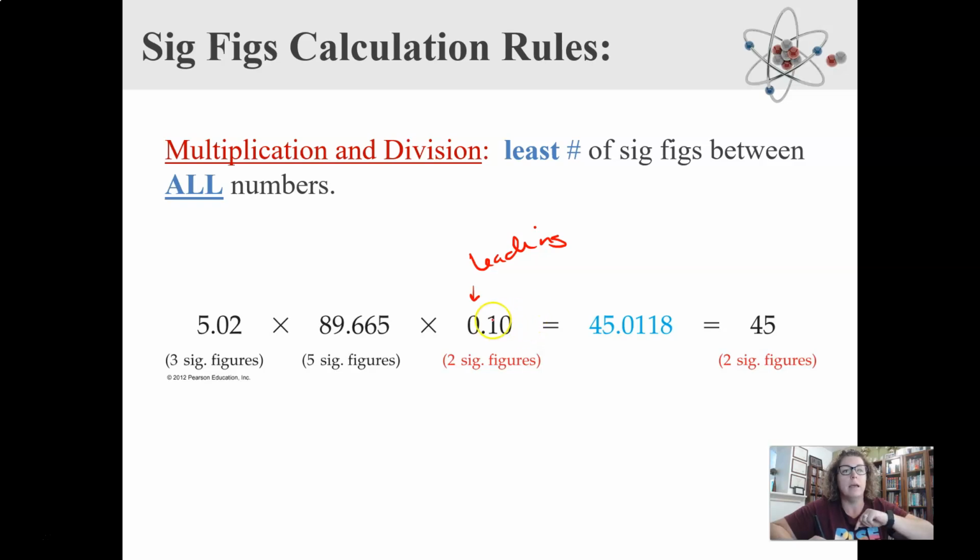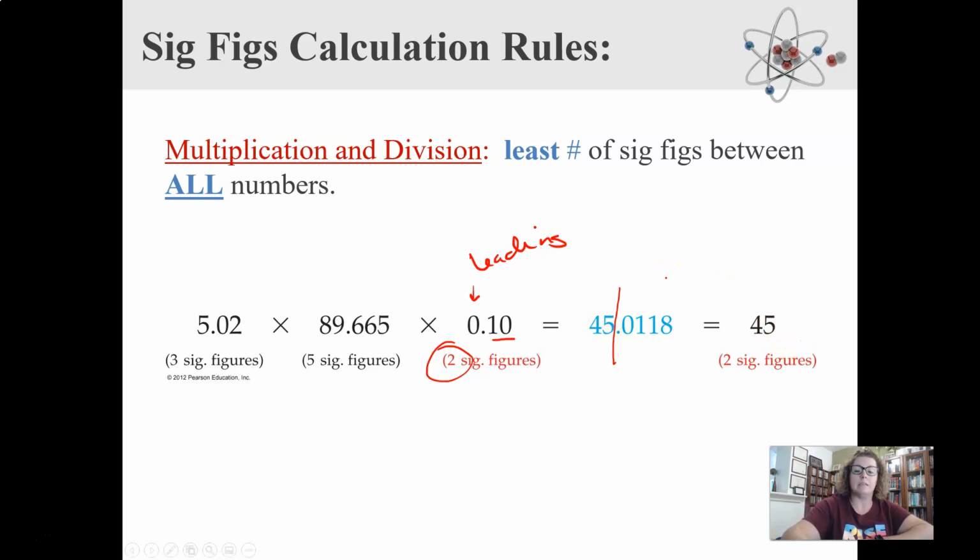Number 1, it has to follow an actual non-zero digit, which it follows a 1, and that has to contain a decimal, which it does. So these are the 2 sig figs that count. So between 3, 5, and 2, this one has 2 sig figs, which means my answer can only have 2 sig figs. So if the calculator tells you 45.0 something, doesn't matter, we're going to cut it off right there and have only an answer of 45.